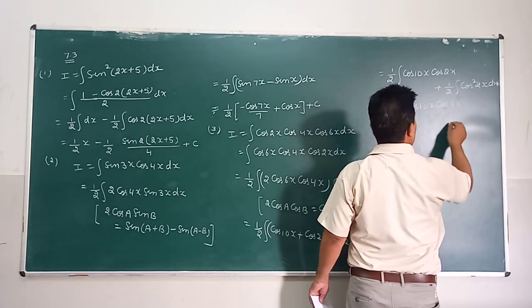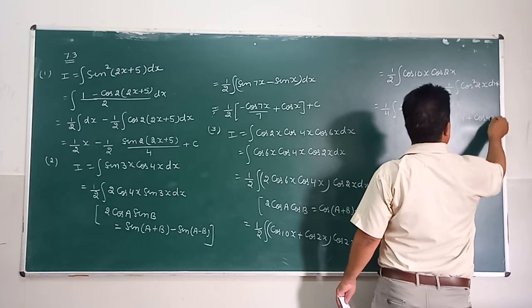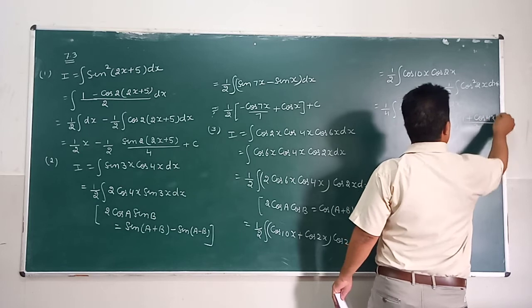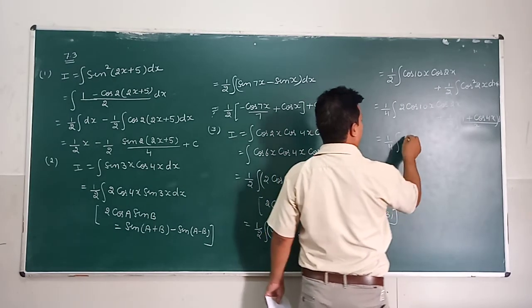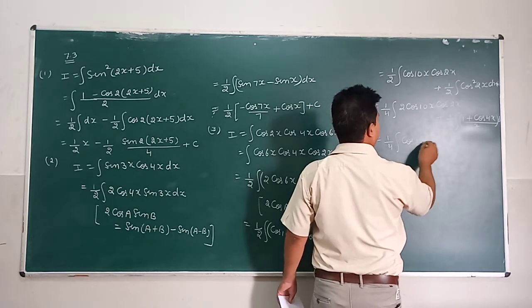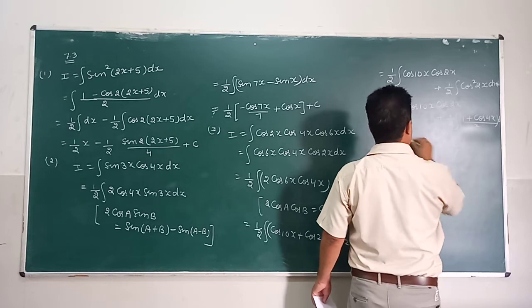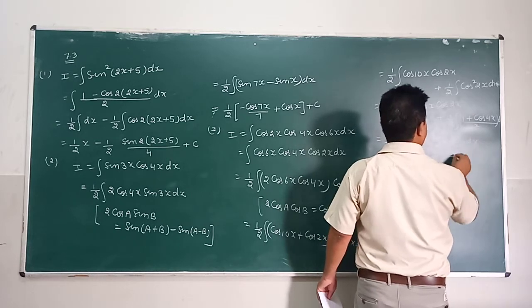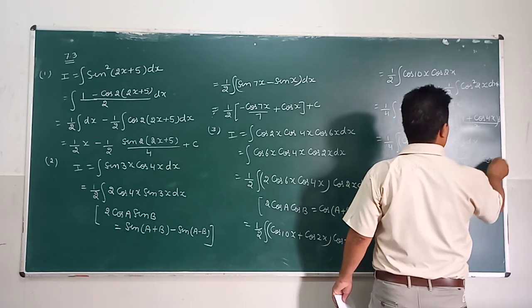This is the formula. Cos square 2x is (1 plus cos 4x) by 2. Here again we use the formula 2 cos A cos B, which is cos (A plus B) plus cos (A minus B) dx. This is 1 upon 4, (1 plus cos 4x).